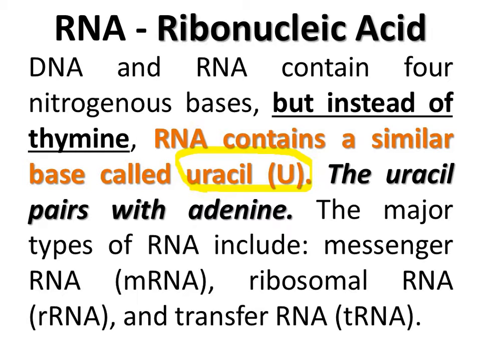Kung sa DNA, ang partner ni adenine is thymine and ang partner ni guanine is cytosine, dito po sa RNA, nagbago yung thymine. So, dito, pareho pa rin yung guanine sa cytosine. Pero po, yung adenine, instead na thymine ang partner niya, magiging uracil. So, wag po tayong mapalito doon.